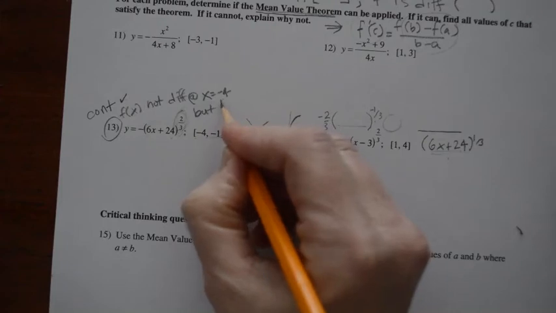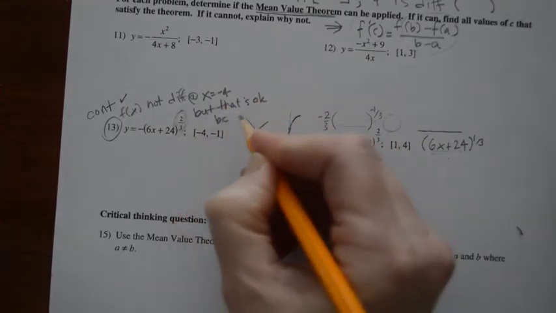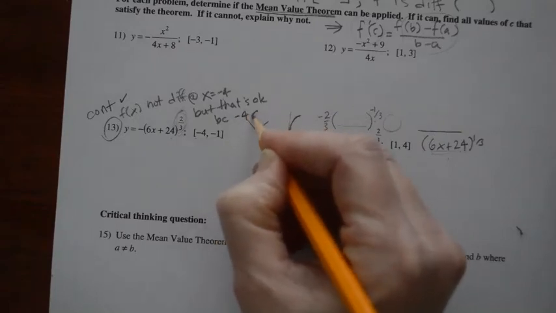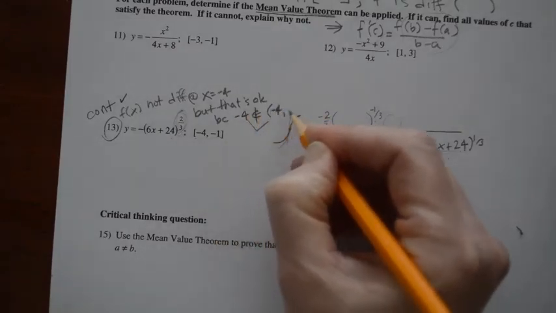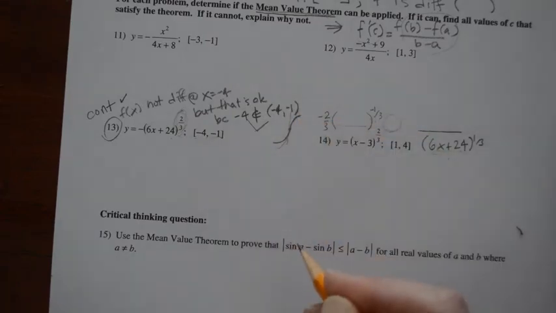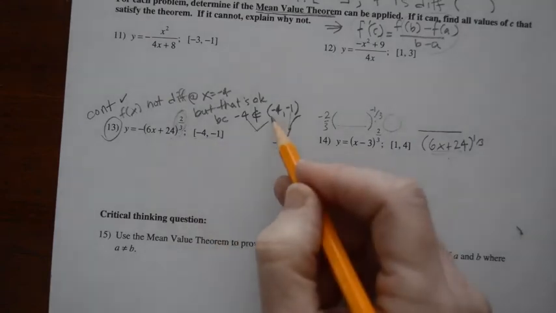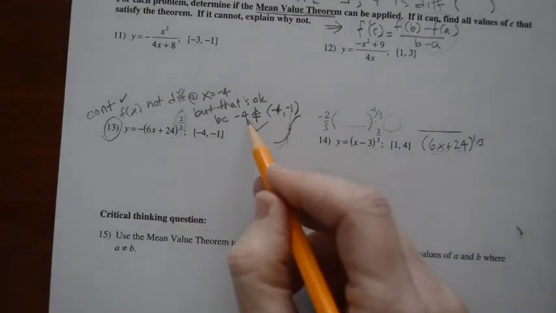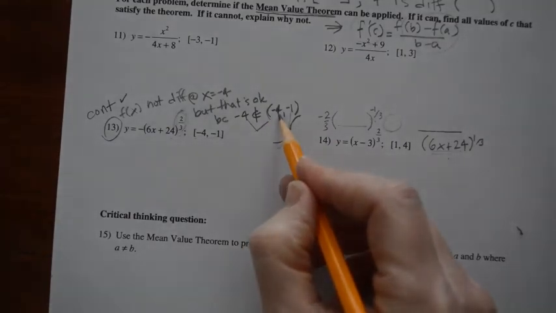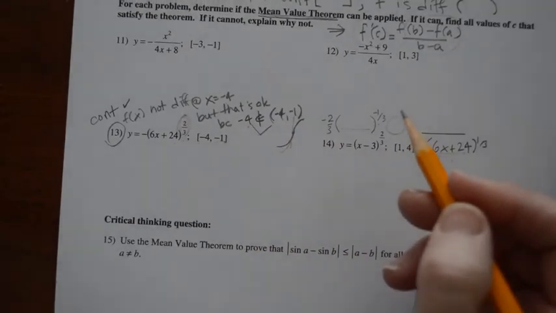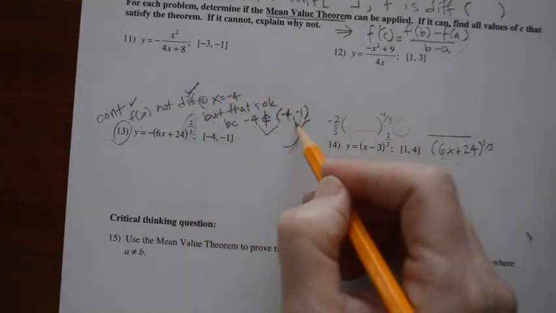But that's okay, because -4 is not a member of the open interval -4 to -1. Had it been something like -5 to -1, we would be out of luck, because -4 would be in that interval. But since it ends at -4 and doesn't include -4, we're okay. So yes, it's continuous, and yes, it's differentiable on the open interval.